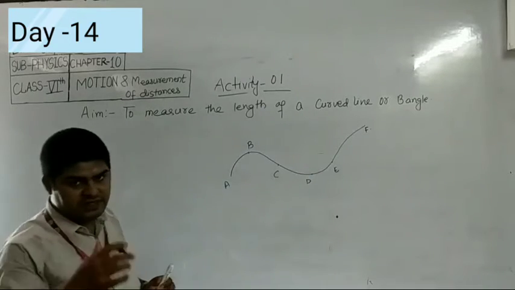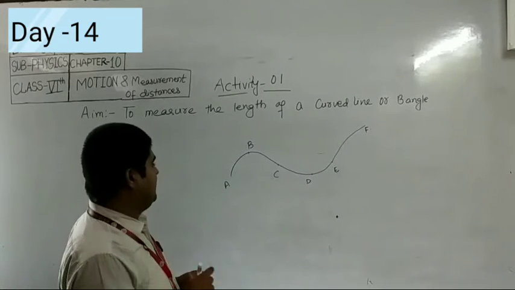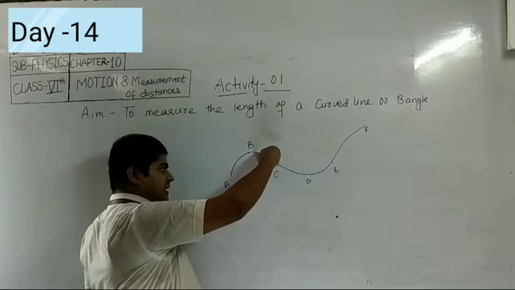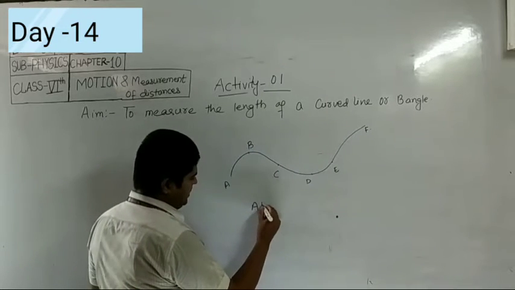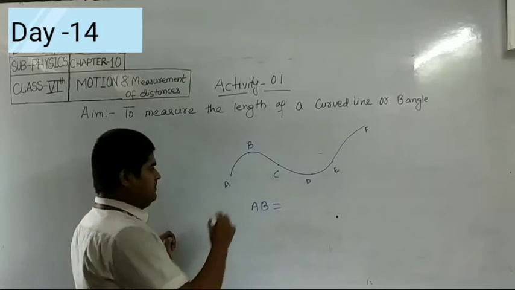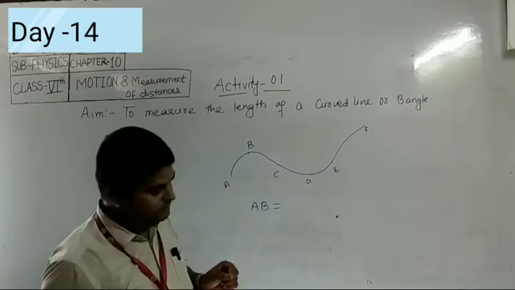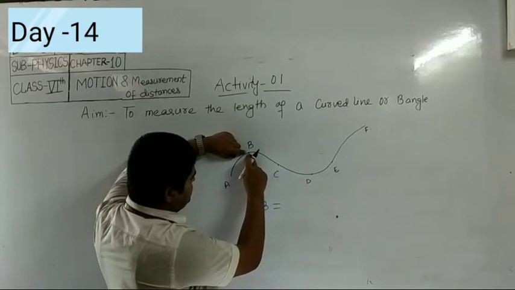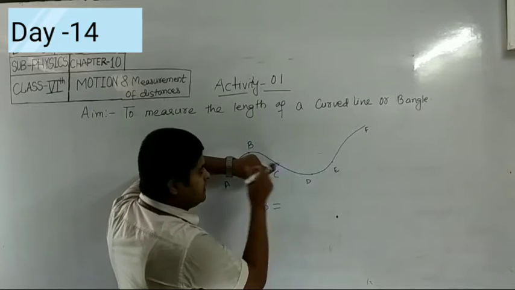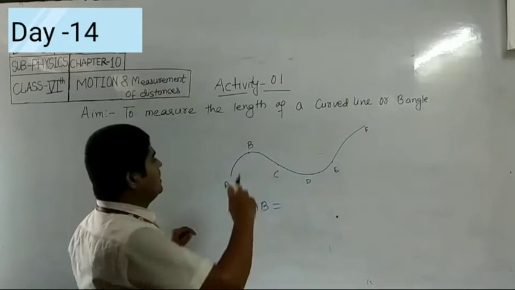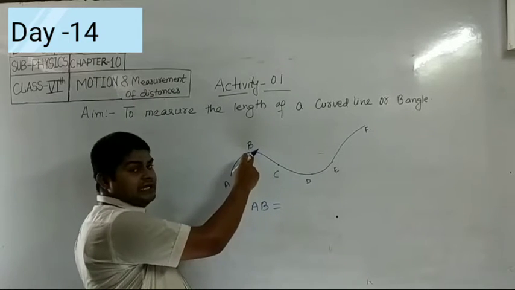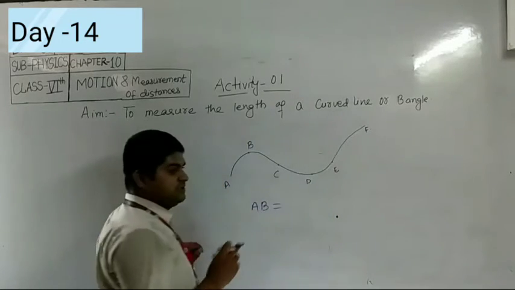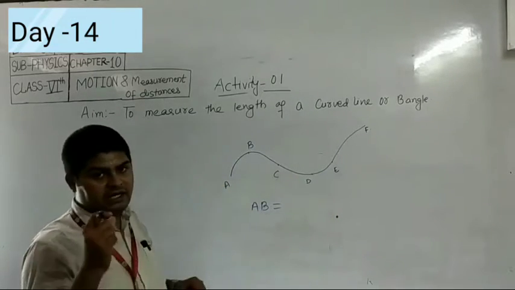You will take a thread and put it here, and first of all you will find the length of AB with the help of the thread. Then you will leave the thread from the starting end and go to the other end, from C. You will put the length of the thread at the other end at point C, then D, then E, then F. That means you will find the length of this curved line in parts.